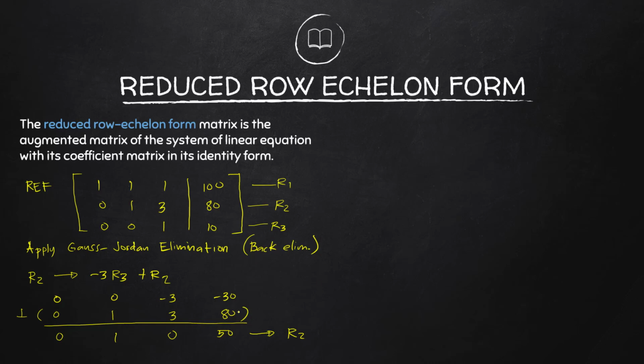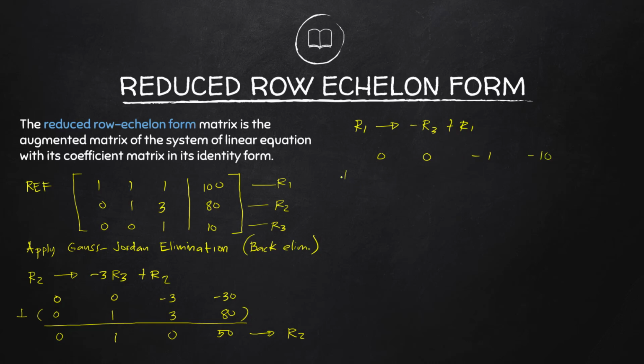Then, for us to eliminate or transform this into 0, we need to do back elimination for row 1. So for row 1, we will negate row 3 and add row 1. We have 0, 0, negative 1, and negative 10.